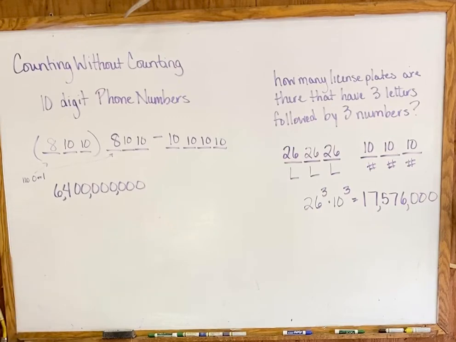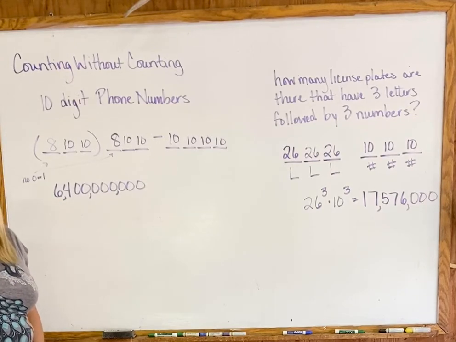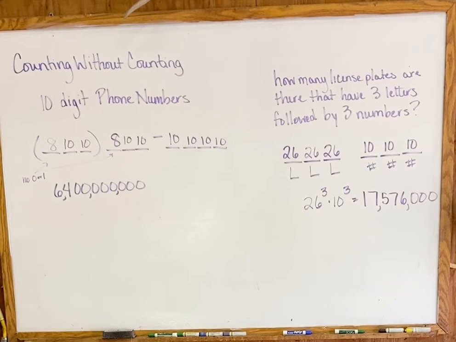So this is a way of again figuring out how many there are without actually listing all 6.4 billion phone numbers. That's not going to happen. You're never going to list those. But we know that there are 6.4 billion different ways it could happen, even though we'll never list them all.